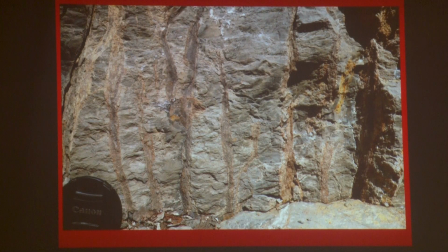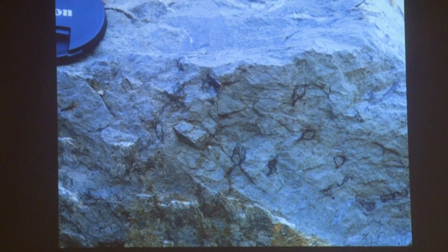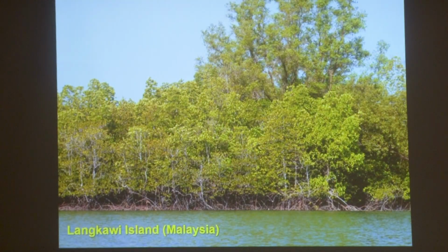Absolutely amazing, a very rare record of a plant root system. In our case, the sediments within the roots and outside the roots are the same, and most probably the root systems were empty during life, and that's why we most probably have a fossil record of mangroves, which today occur in subtropical regions.